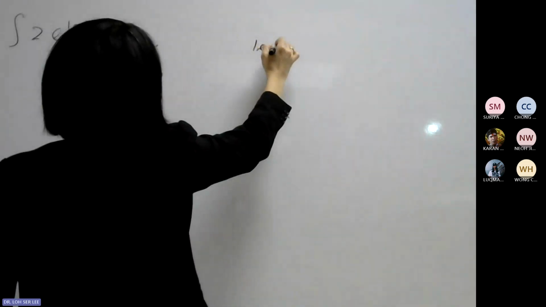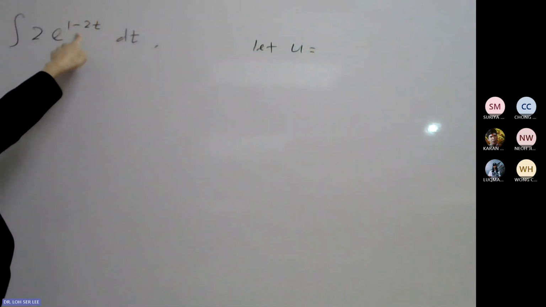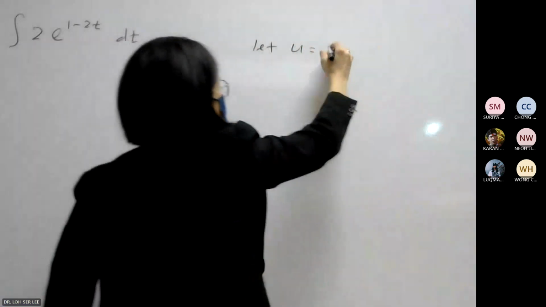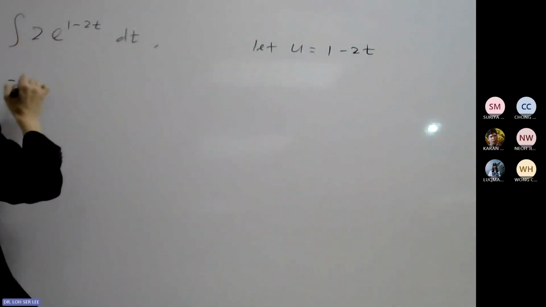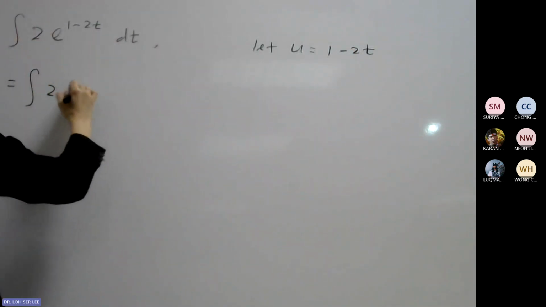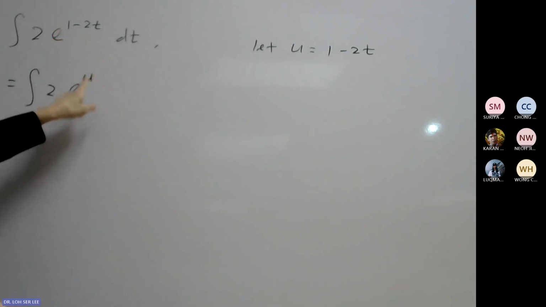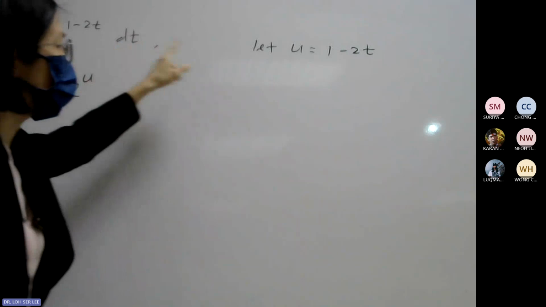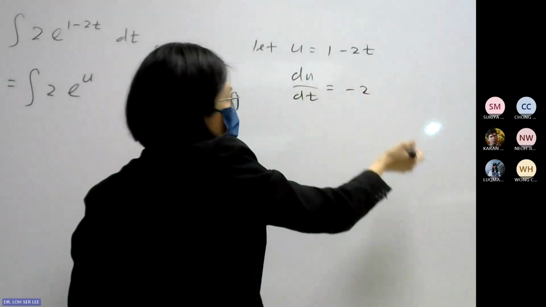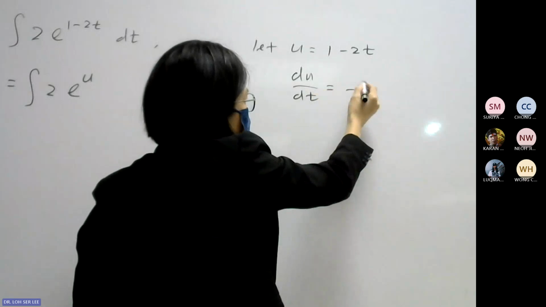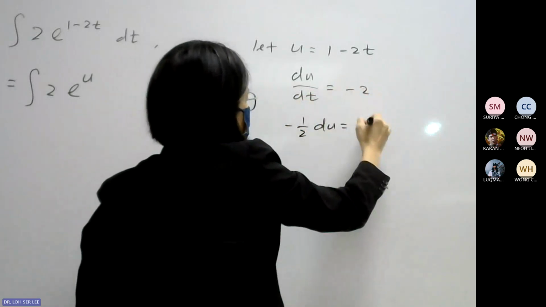Okay, this one we let u be the power of the exponential function, 1 minus 2t. Now we start to change. We have a 2, we have the exponential, then this is our u now. Then we need the dt. Find the dt from here. du dt is -2. We want only dt, so this one moves to the right.